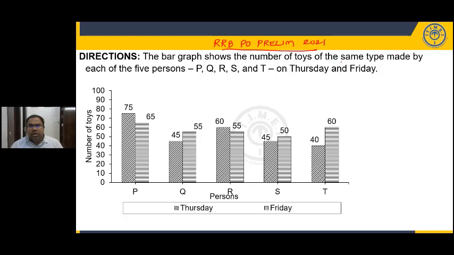The bar graph shows the number of toys of the same type made by each of the 5 persons P, Q, R, S, T on Thursday and Friday. The first bar graph is Thursday, the second one is Friday. The number of toys made is given. I think this should be a simple set.